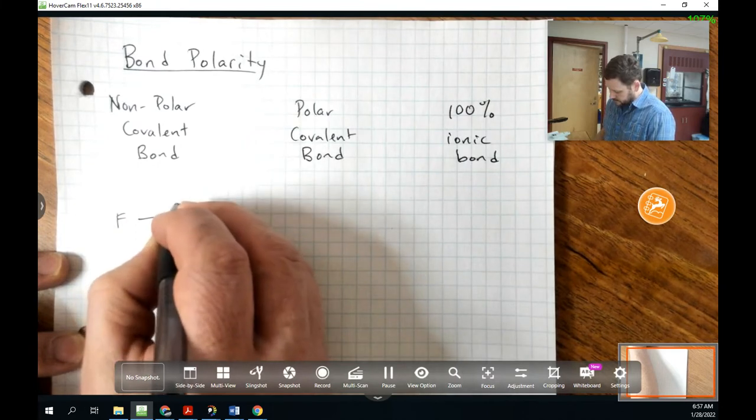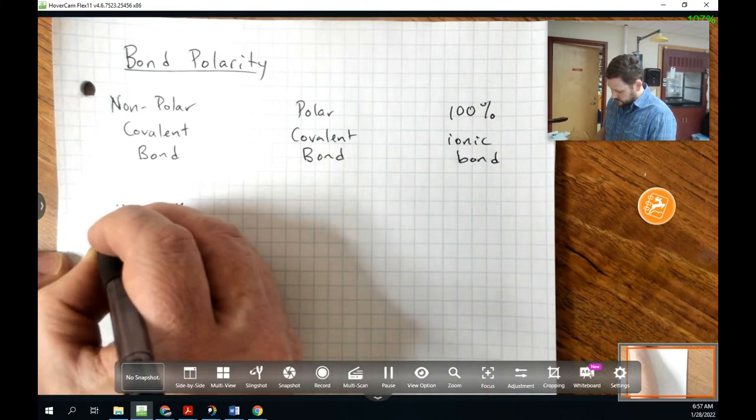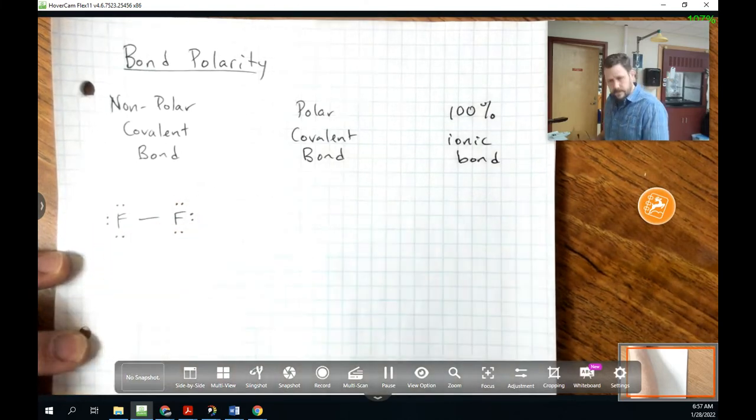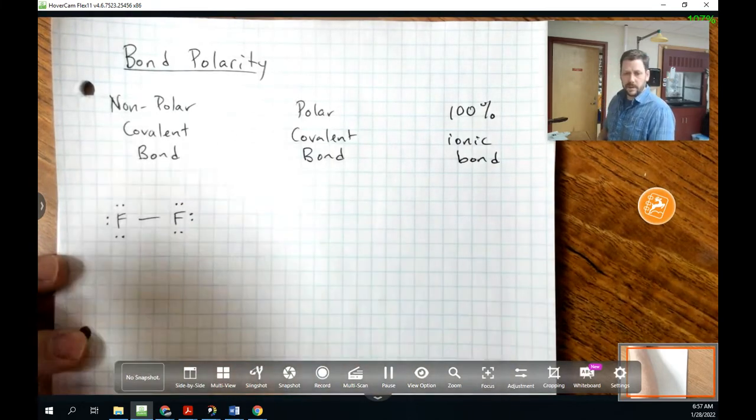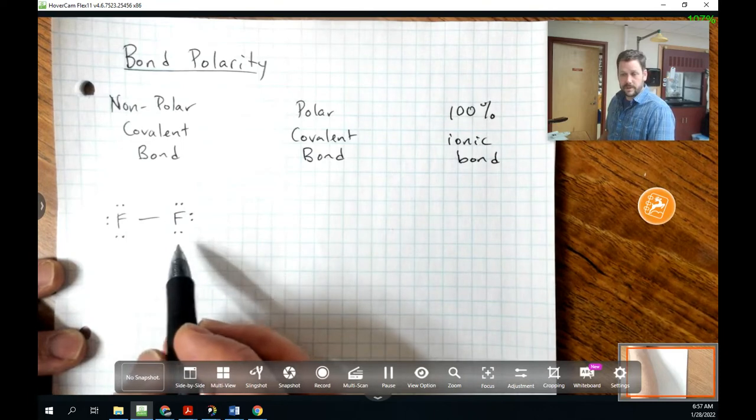I'm going to draw a molecule of diatomic fluorine, and we know, of course, there are two shared electrons. What makes this bond nonpolar is the fact that the electrons are shared evenly. And that has to do with electronegativity.